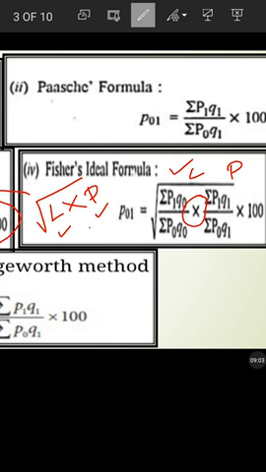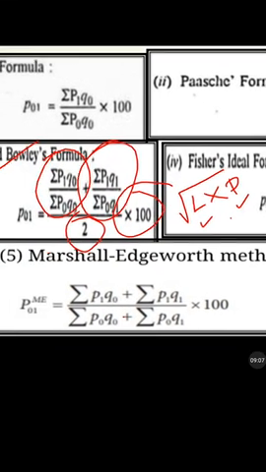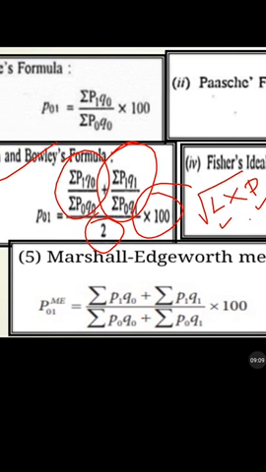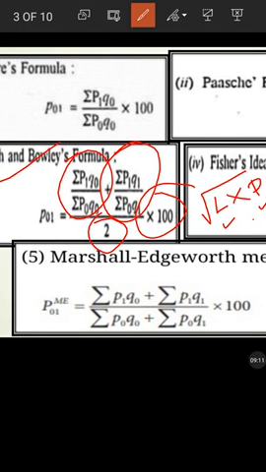Now we are moving on to the fifth method, that is the Marshall-Edgeworth method. Here also it is the same thing. This portion is fully Laspeyres' and this portion is fully Paasche's.